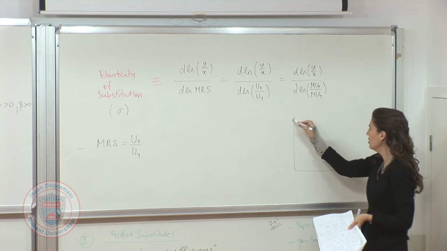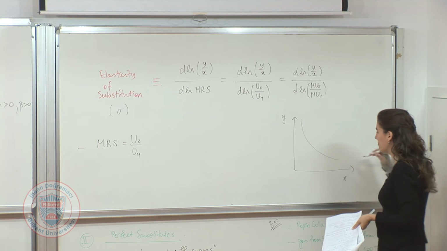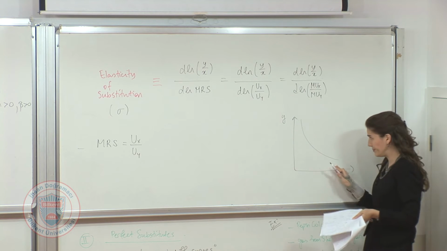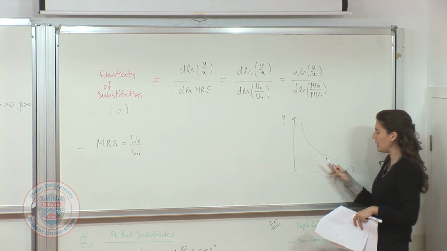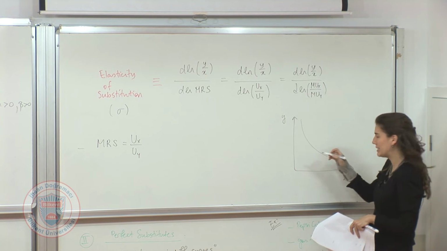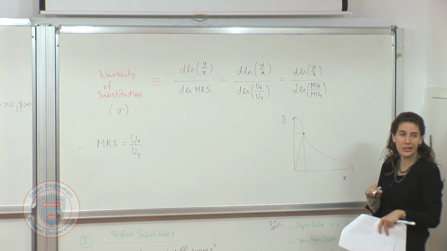So let's try to understand. So this is y, x. Suppose I have an indifference curve like this, right? Remember, the marginal rate of substitution was defined along an indifference curve, so we were keeping the utility level the same. So here it says that if you change the goods mix, suppose you have a y over x ratio here, okay?